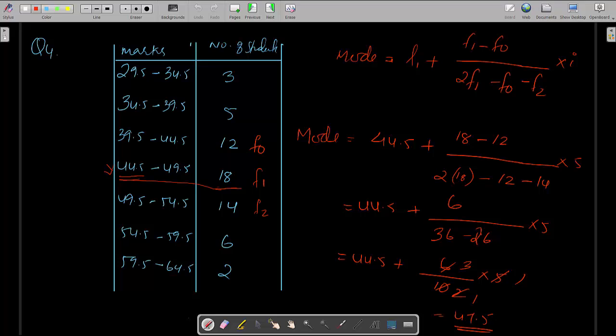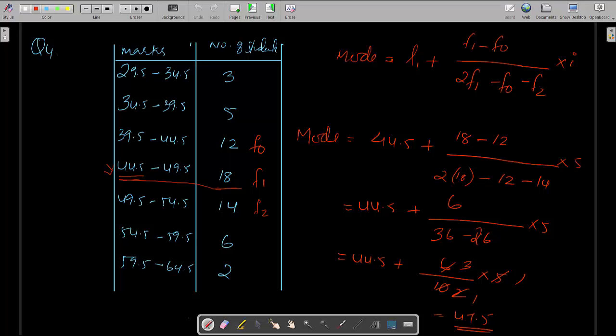The question was 30 to 34, 35 to 39, 40 to 44, like that. So here we made it an exclusive series by subtracting 0.5 from the lower limit and adding 0.5 to the upper limit. That's how we got 29.5 to 34.5, 34.5 to 39.5, 39.5 to 44.5, like that.